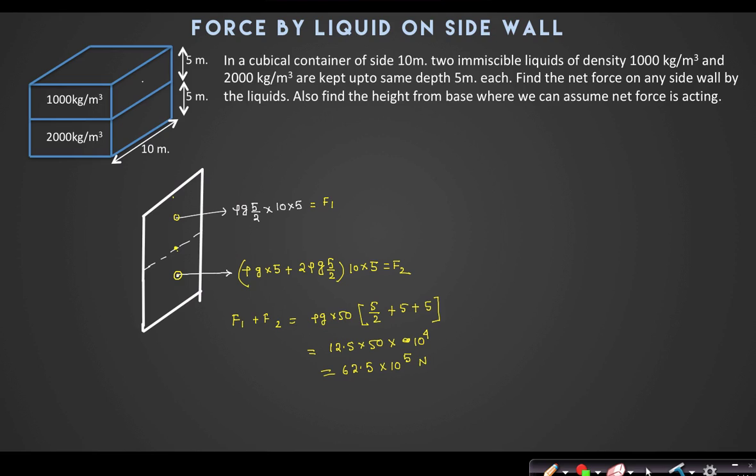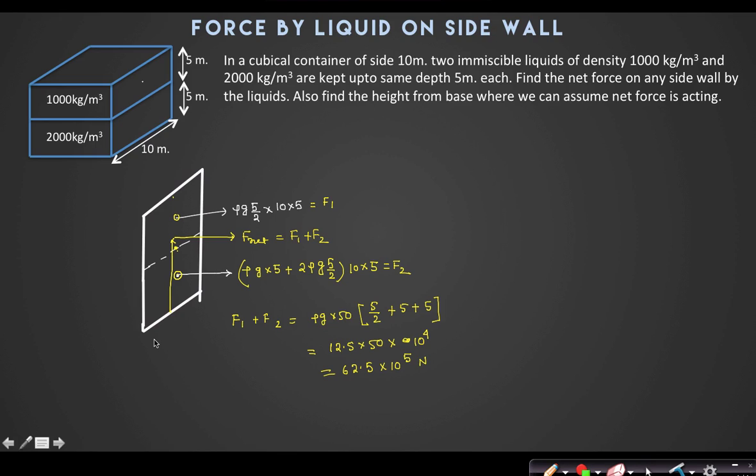Now, how do I find the point of application of the forces? By applying the principle of moments, the torque equations. Suppose the net force F net, F1 plus F2, is here. Can I say that the torque of this net force about this axis should be the same as the torque of individual forces about this axis?